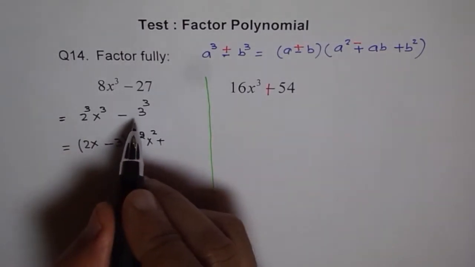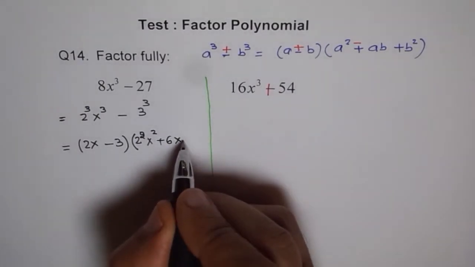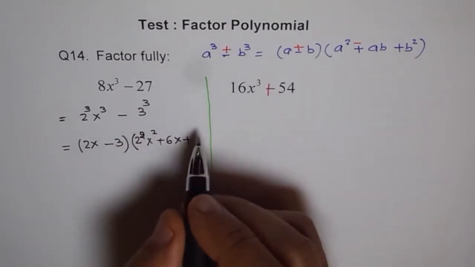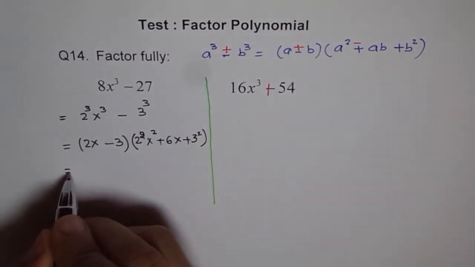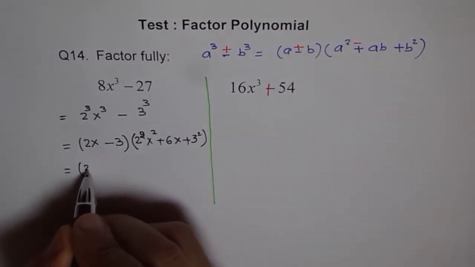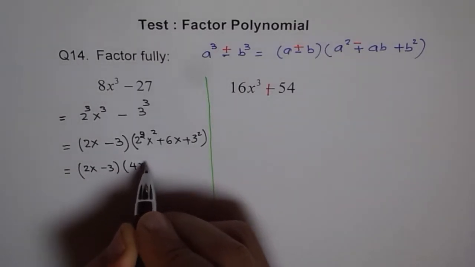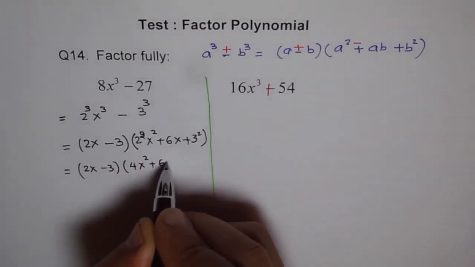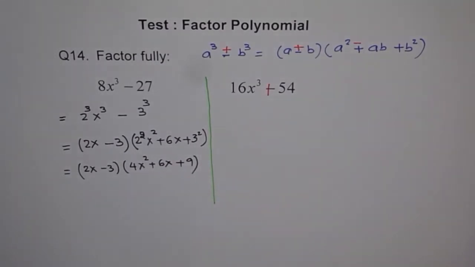When you multiply 3 and 2x, you get 6x plus 3 square, which is 9. Let me write the final line, which is 2x minus 3 times 4x square plus 6x plus 9. So that is how I'm going to factor it, right?